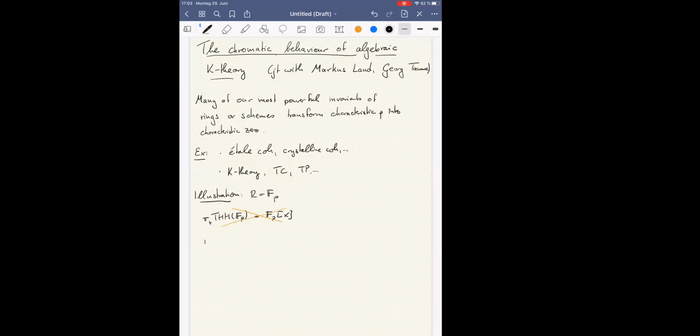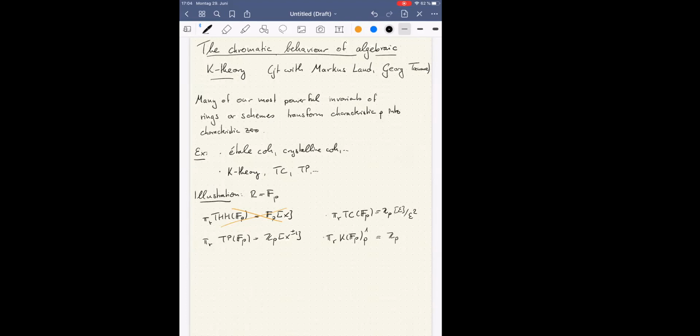So this is something I don't want. While if I take TP, I get Zp[x^±1]. So if you don't know what TP is, don't worry. It's just one example. And I will mostly focus on K-theory later. So this would be also a characteristic 0. And here I will p-complete this to make this of the same quality.